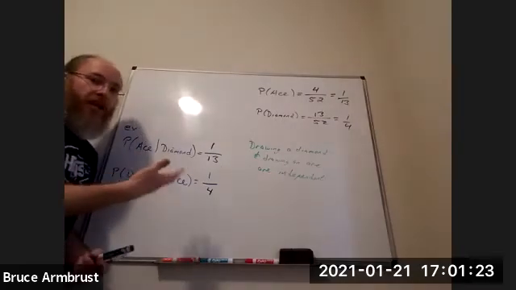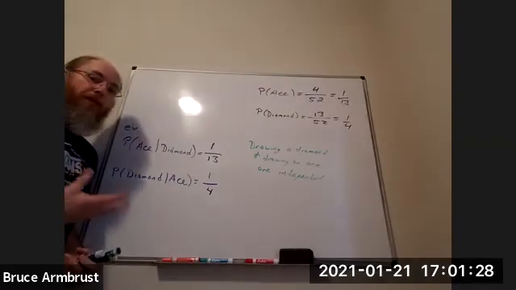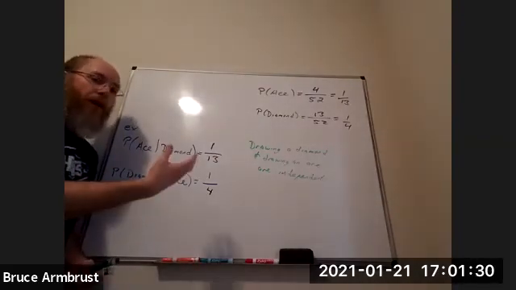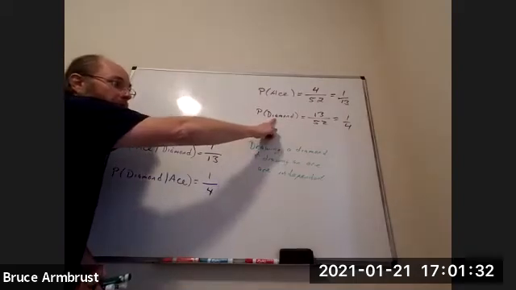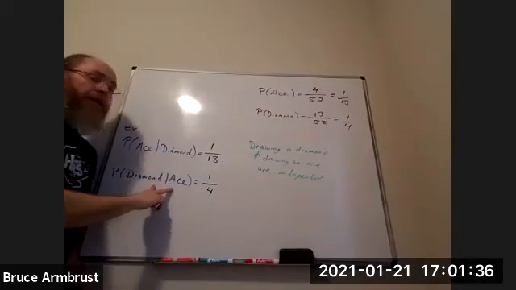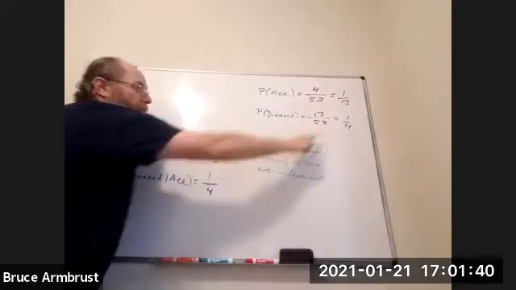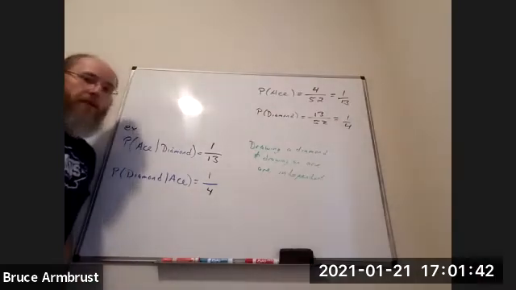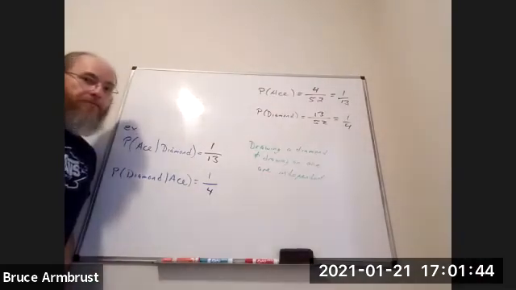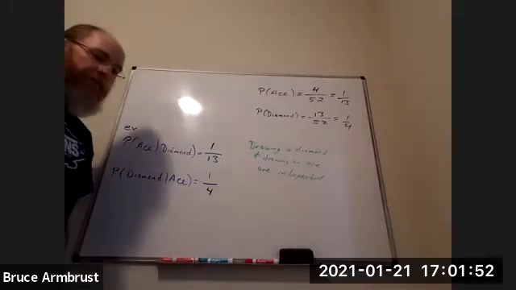This is the check for independence: you see whether the probability of one happening on its own is the same as the probability of it happening given that the other has occurred. If those two numbers are equal, you know that they are independent. I just wanted to bring that up as a refresher.